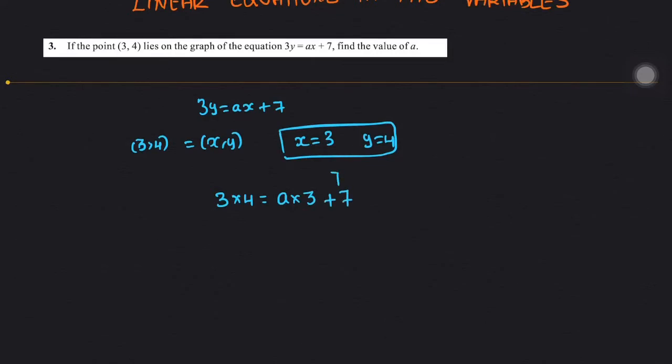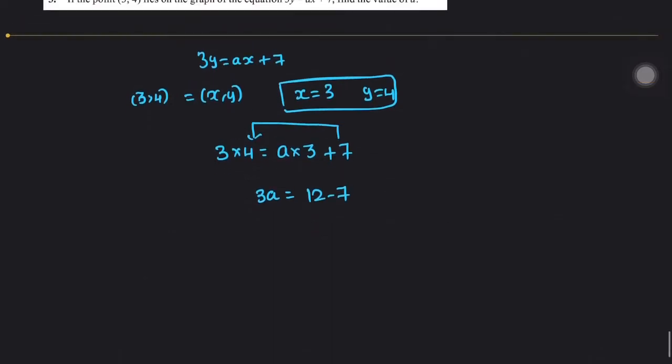So this 7 is moving to the other side. So 3a is equal to 12 minus 7, that means 3a is equal to 5. Then a is equal to 5 divided by 3.